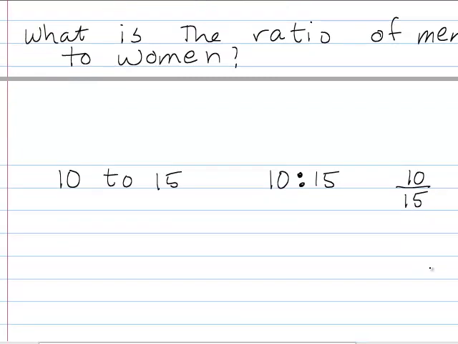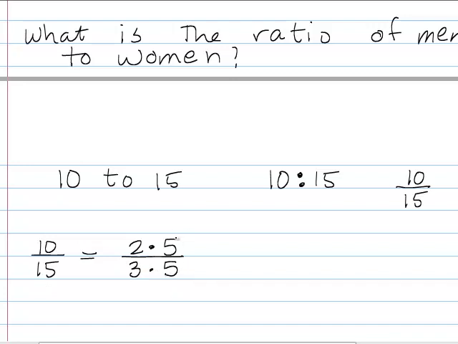All right, now if we have it as 10 to 15, we said earlier that when we write it as a fraction, we want to leave it in lowest terms. And so what we want to look for is common factors that we have in our numerator and in our denominator. Well, I can tell that both of these are divisible by 5, so I'm going to rewrite 10 as 2 multiplied by 5, and I'm going to rewrite 15 as 3 multiplied by 5.